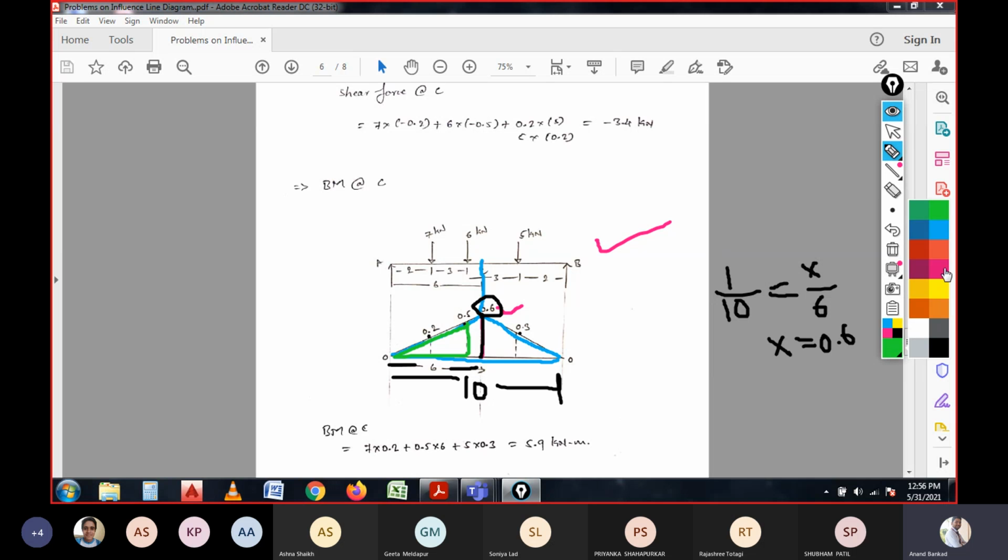And again if you consider another similar triangle like this, I hope the color code is differentiating the triangles which we are calculating. So for this the span is 5, right, and for this the span is 2 meter. That is why it is 0.2 and it is 0.5, and for this it is the span of 3.